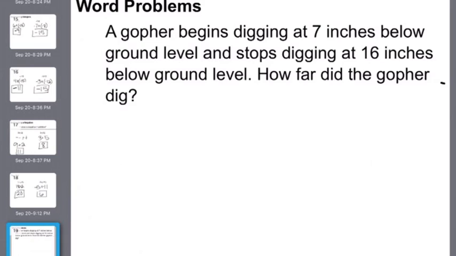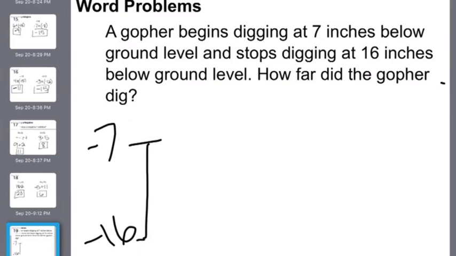So we want to know how far did the gopher dig. If he started at 7 inches below and went down to 16 inches below, we want to know the difference between those two. So you take your bigger number. Negative 7 is bigger than negative 16. I'd rather be in debt $7 than $16.